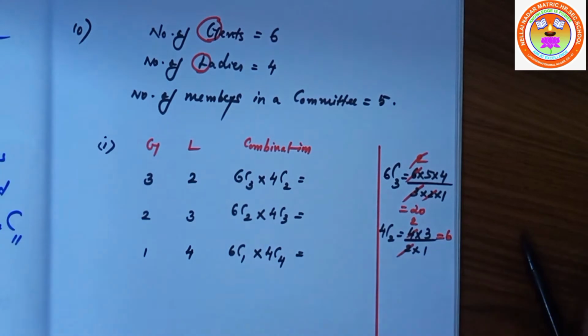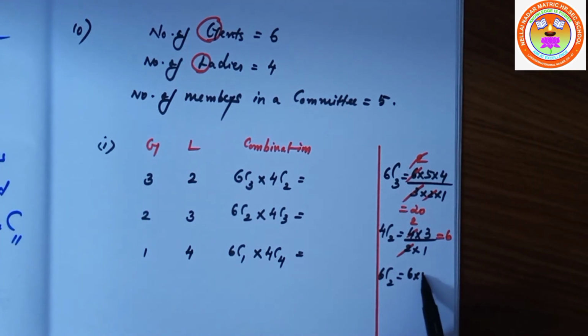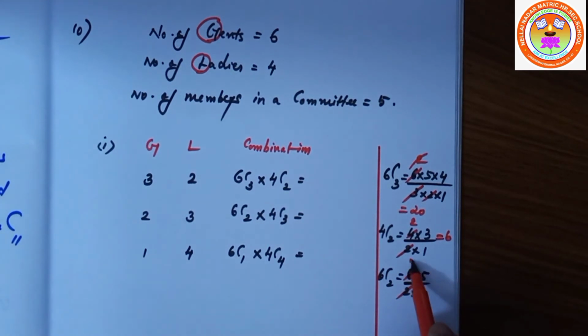Next one is 6C2. 6C2 that is equal to 6 into 5 divided by 2 into 1, can cancel by the 2 table, that is 3, 3 5s are 15.